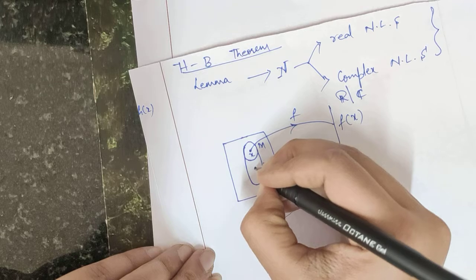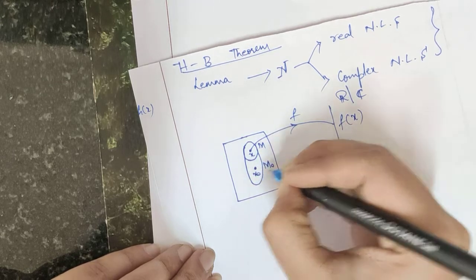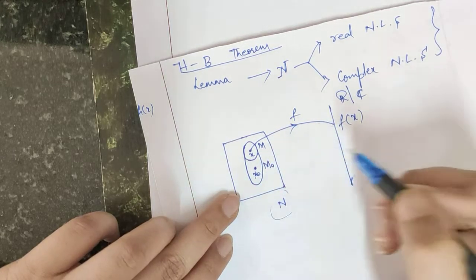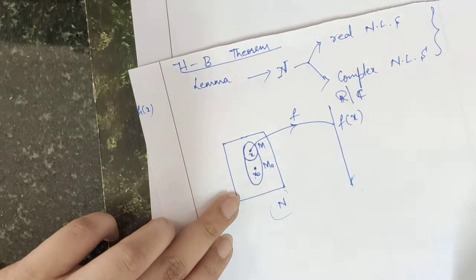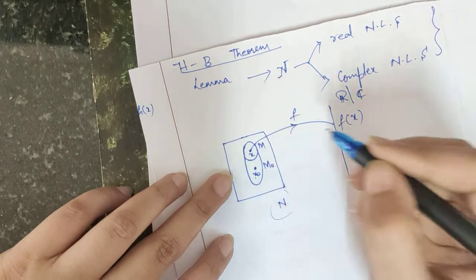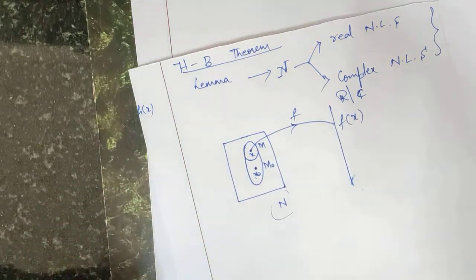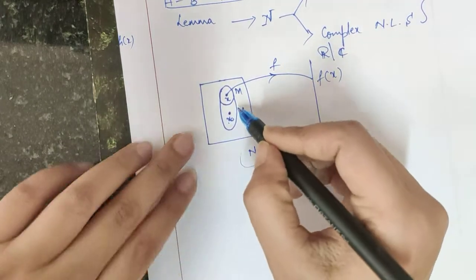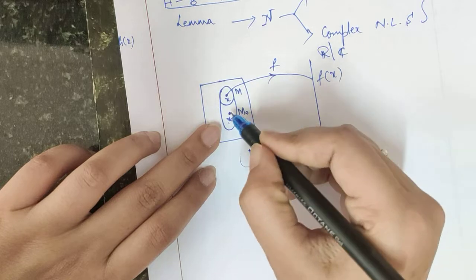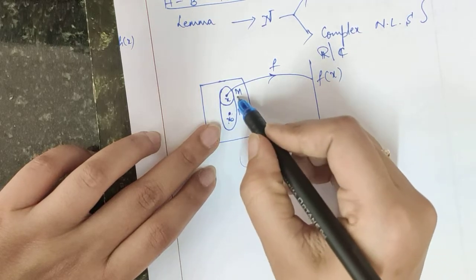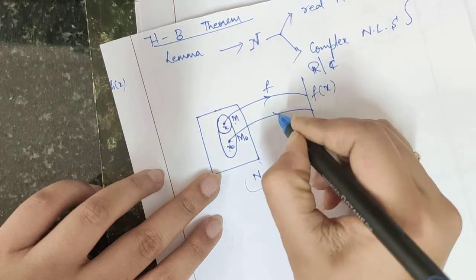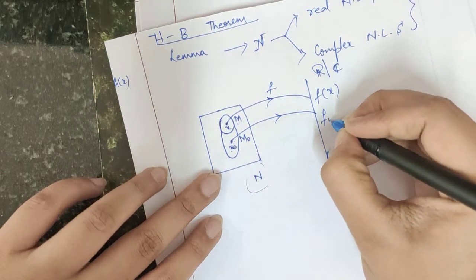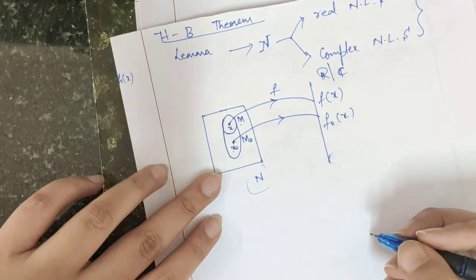So if I choose a point, say x naught, this x belongs to m as well as m naught, but we have chosen a point x naught which belongs to m naught and does not belong to m. So again, if I take the mapping, it will be f naught of x.